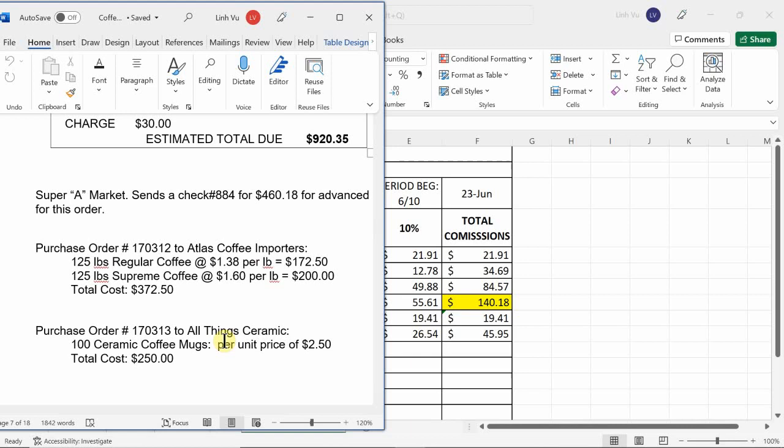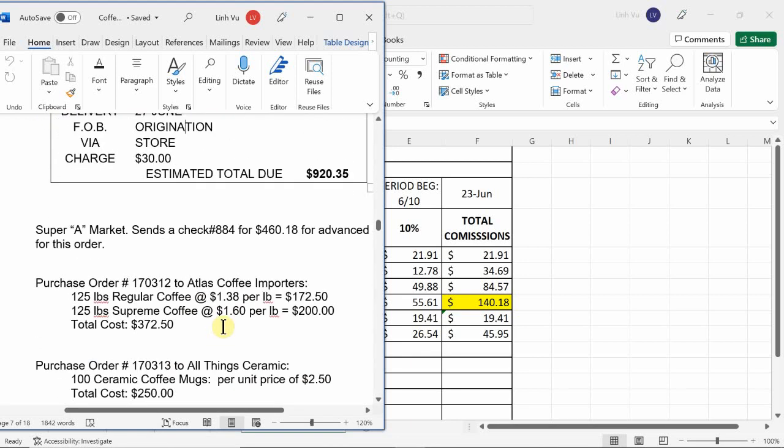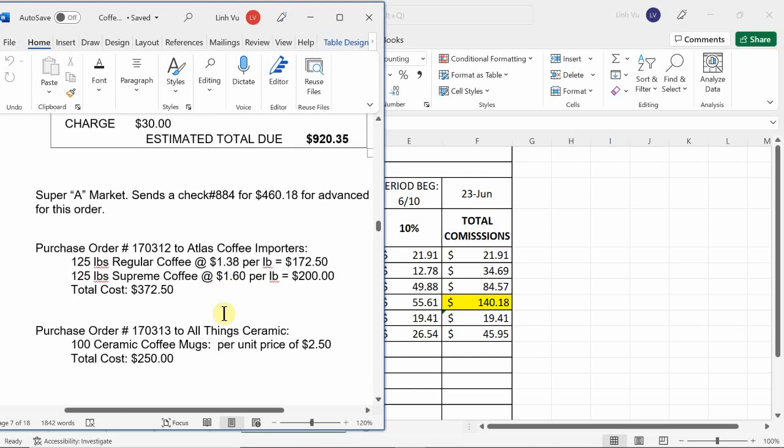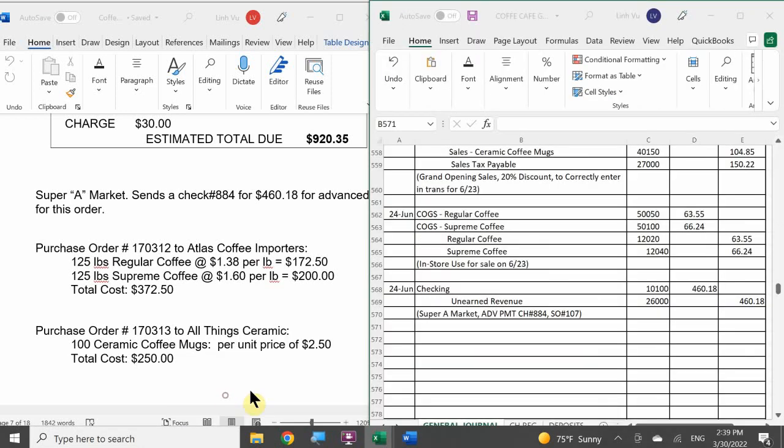Just because this order came in, they're requesting 85 of them, then it's best to make sure that we are in stock by submitting an order for 100 of those coffee mugs to come in. So that's what we're going to do. We've got to record these purchase orders.